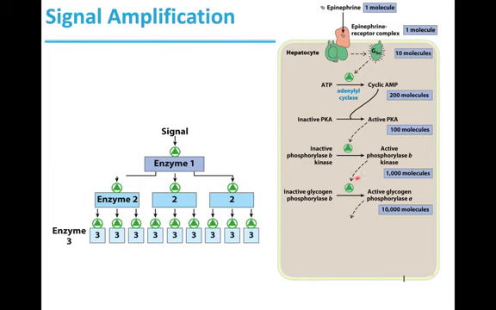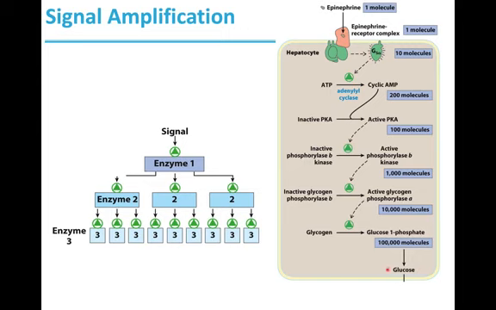Phosphorylase B kinase further activates glycogen phosphorylase B, and about 10,000 molecules are activated. And glycogen phosphorylase is an enzyme that converts glycogen to glucose 1-phosphate, and this involves degradation of glycogen in the liver. And when glycogen phosphorylase is activated, glucose 1-phosphate is formed, about 100,000 molecules of them.